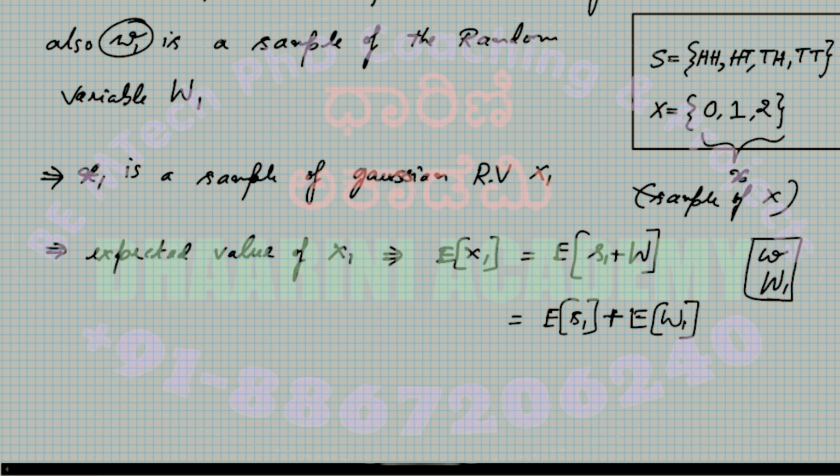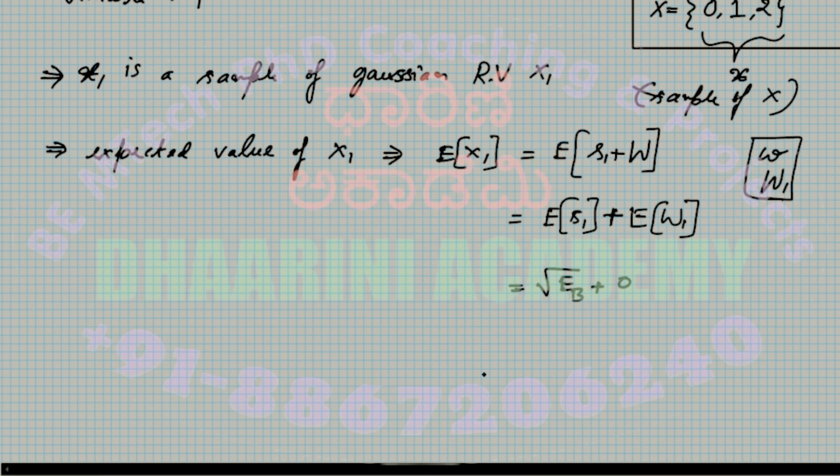For a signal, the expected value is represented by its value, that is root Eb, plus the second one, which is 0. So you can say that the expected value of x1 is root Eb.